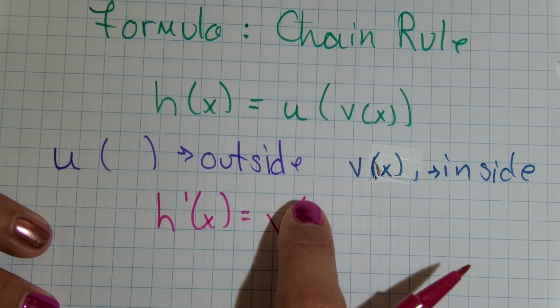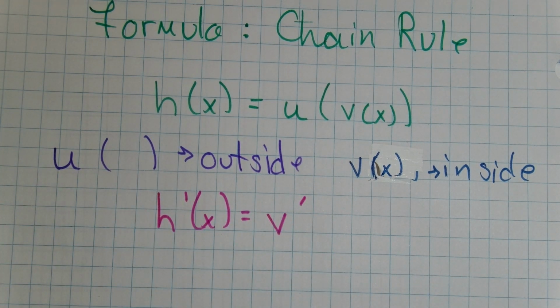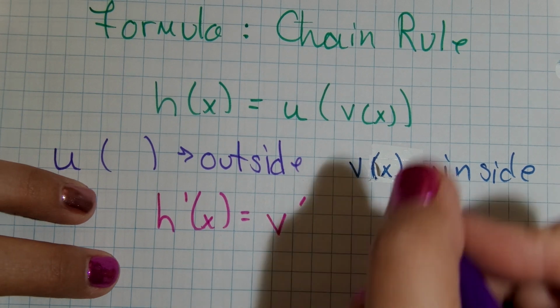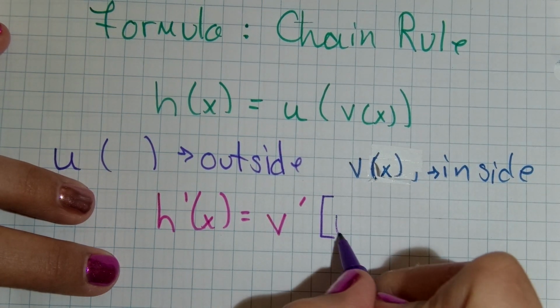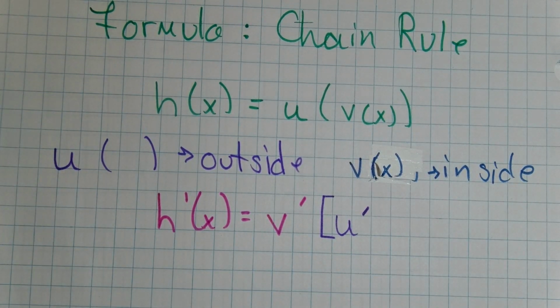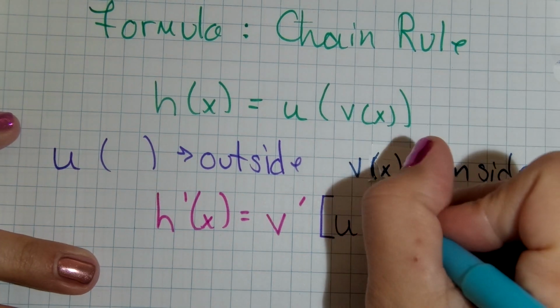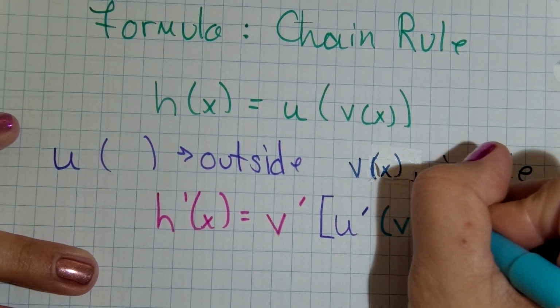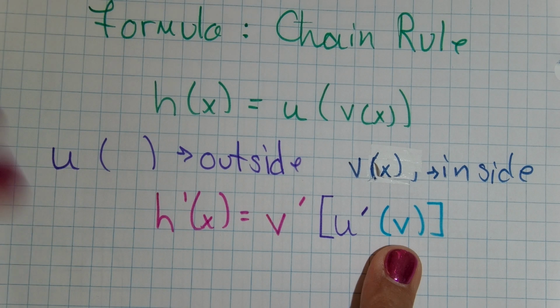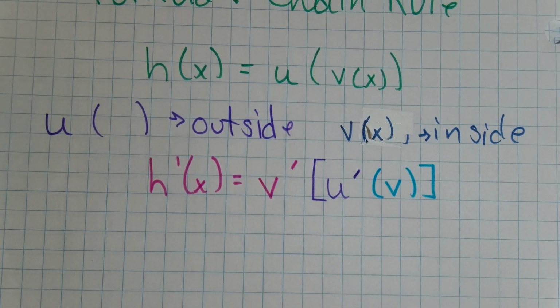So v prime is the derivative of the inside function. And then we have u prime, which is the derivative of what? U. Yes, it is the derivative of u, with the original function on the inside for v.